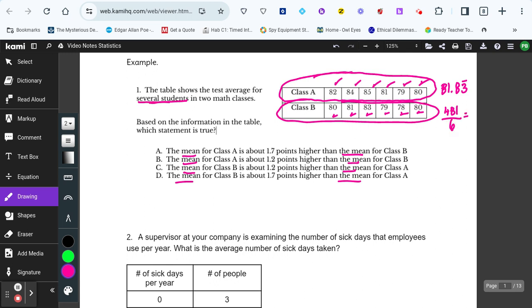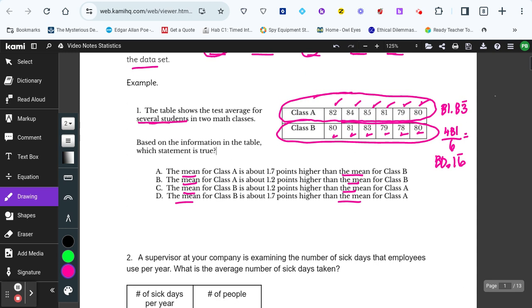And that is 80.16 repeating. Now, I'm going to go back and add these up because I didn't write that total down for class A. So that was 491 divided by 6.